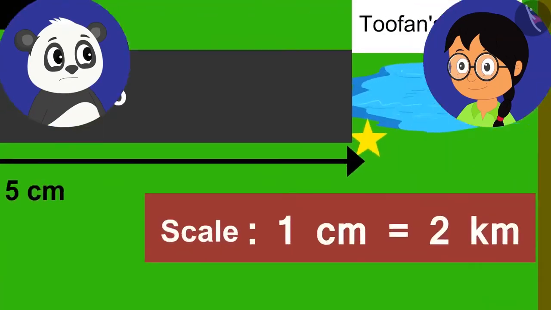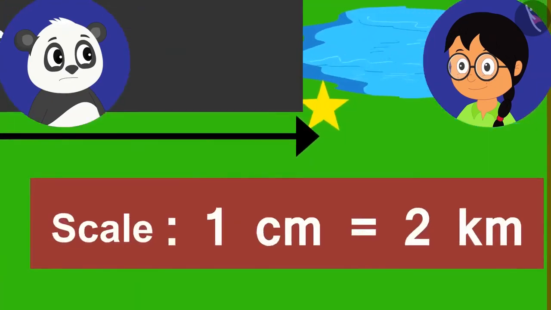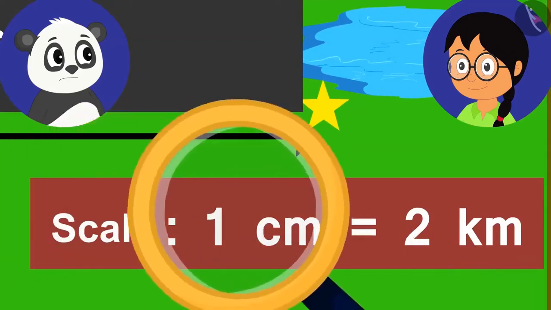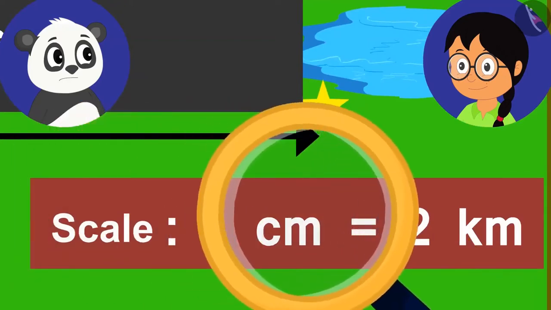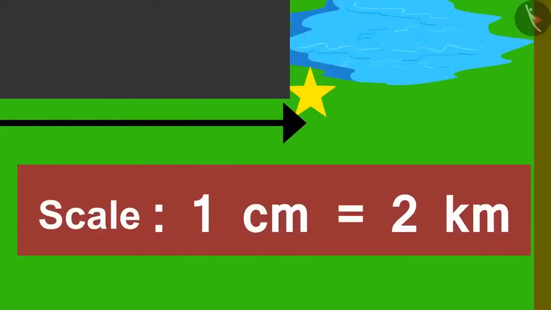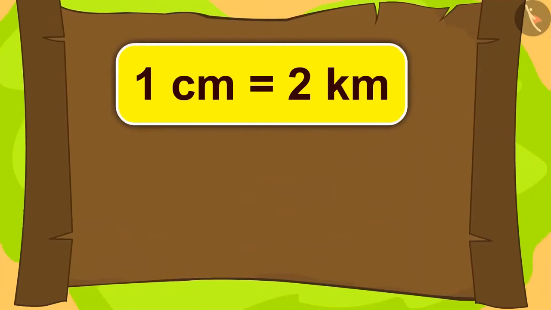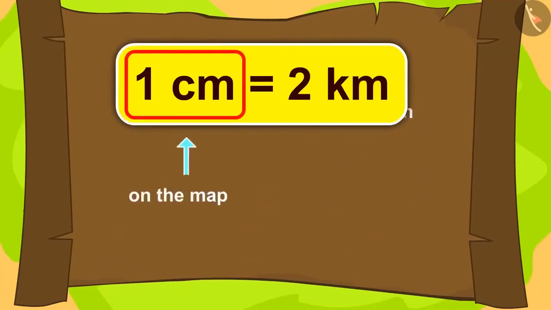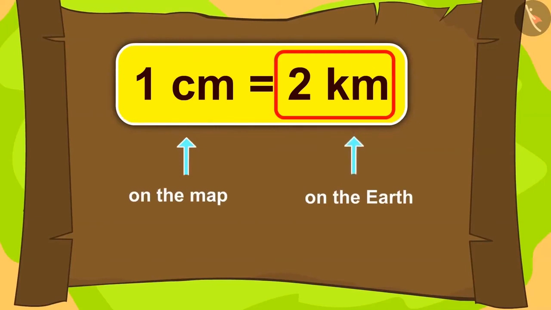Therefore, we use scale. As written on this map, 1 centimeter equals 2 kilometer. What could it mean? This means that 1 centimeter of map is equal to 2 kilometers on the earth.